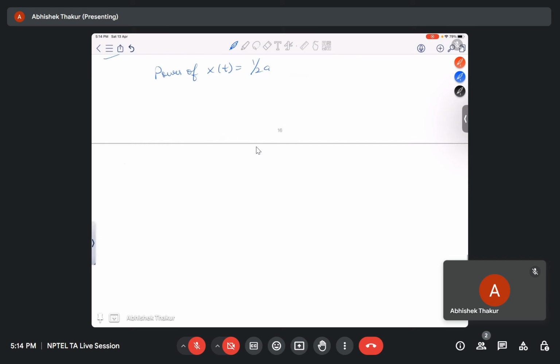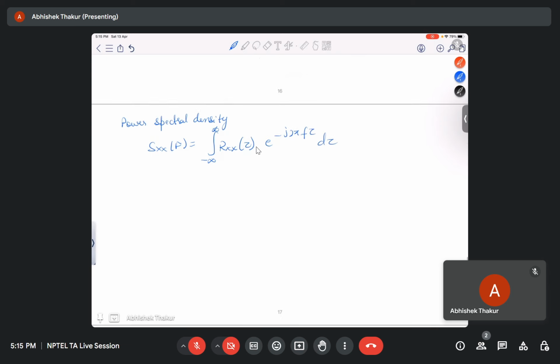Now we have to find the power spectral density. So that is Sxx(f), which is the Fourier transform of the autocorrelation function, that is the integration of Rx(tau) e to the power of minus j 2 pi f tau d tau.